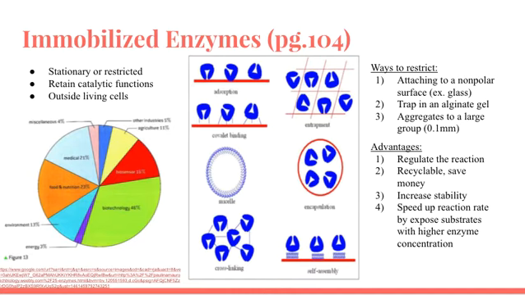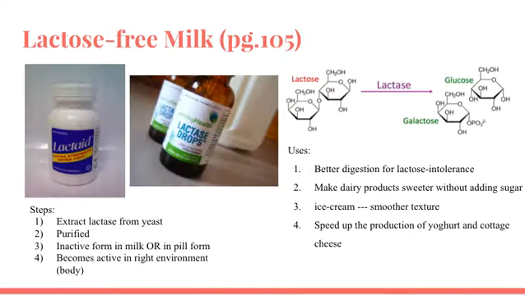Immobilization increases the stability of the enzyme to changes in temperature and pH. Lastly, it is easier to regulate enzyme concentration with immobilized enzymes, which in turn can speed up the reaction rate by exposing substrates to higher enzyme concentration.